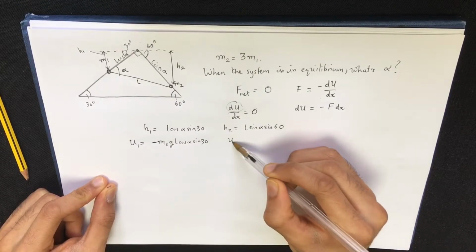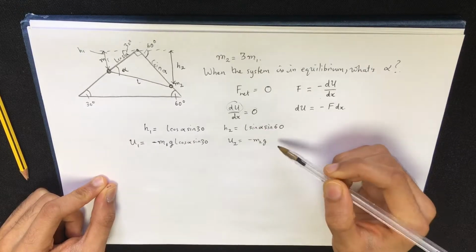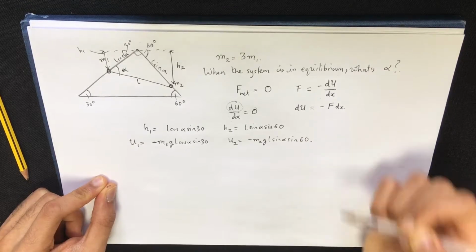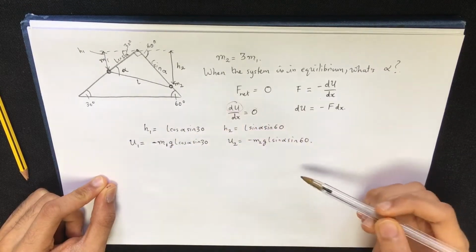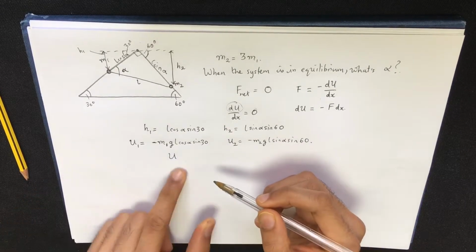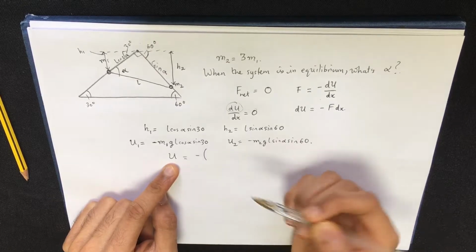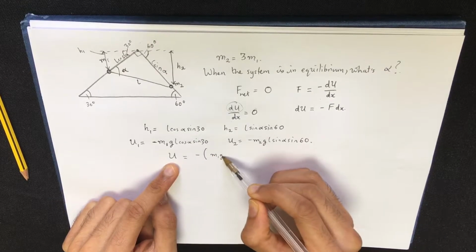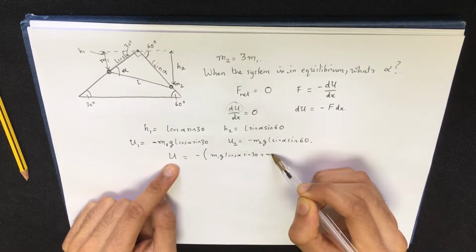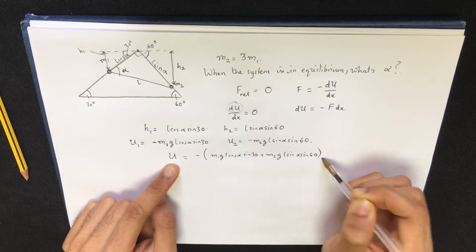And similarly, U2 is going to be equal to minus M2 g H2, which is L sine alpha sine 60. So the total potential energy of the system is going to be U1 plus U2. So U, I'm just going to call it U for the whole potential energy, is going to be equal to minus, in brackets, M1 g L cos alpha sine 30 plus M2 g L sine alpha sine 60.